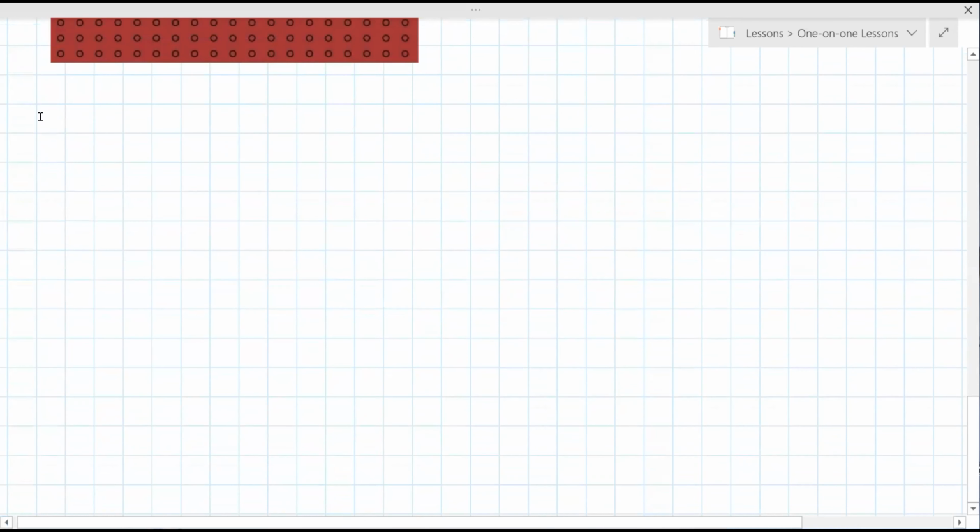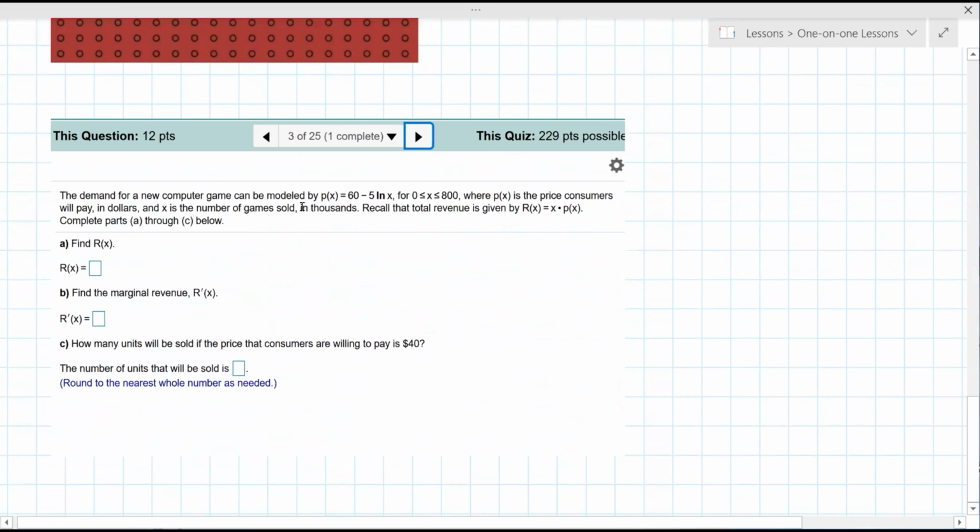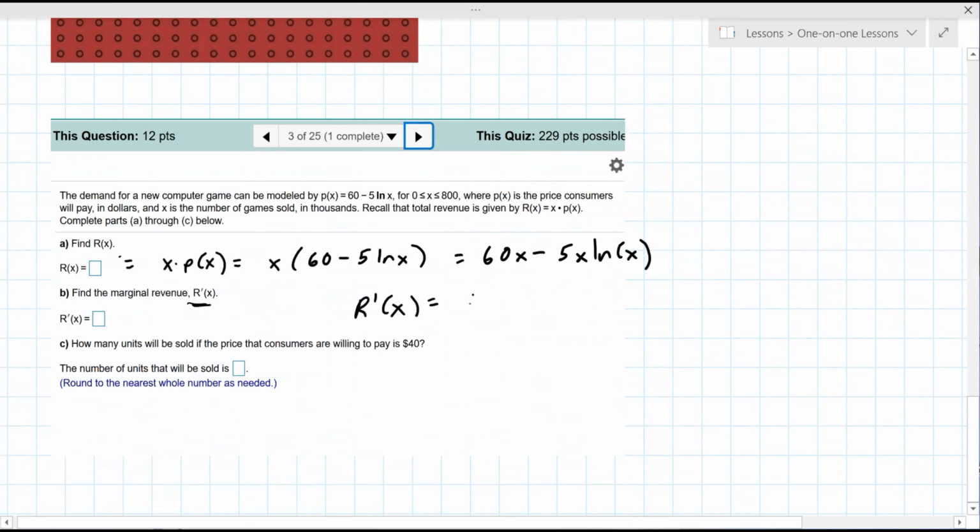Okay. All right, so the demand for new computers is given by this function, P of x equals all of this. So the revenue function here is x times P of x. So in your problem, that's x times 60 minus 5 natural log of x. You can simplify if you want: 60x minus 5x natural log of x. The marginal revenue is the derivative of that. So the derivative, R prime of x, is 60 minus, and then this is product rule here.